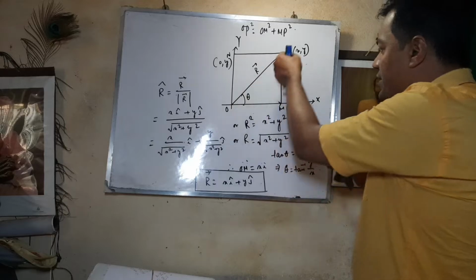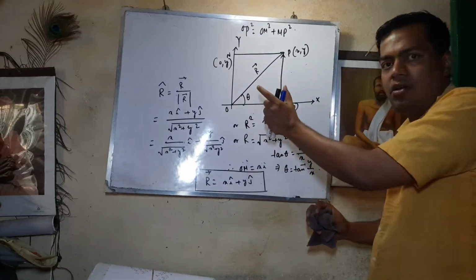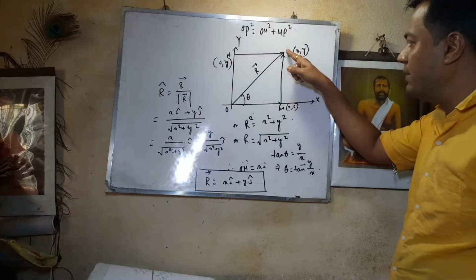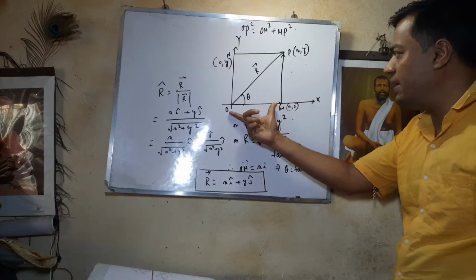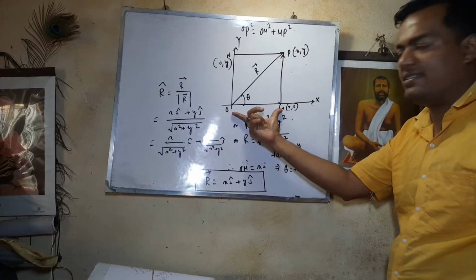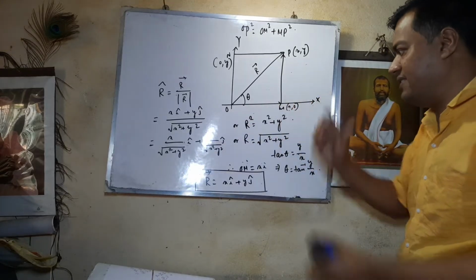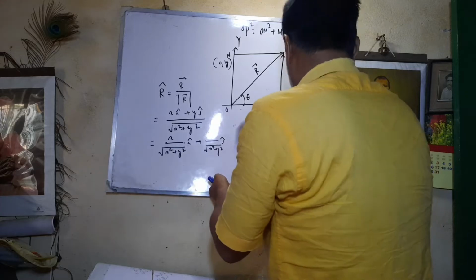So the x component of the vector, x component means because this component has been taken along x axis. Clearly here from the end point of the vector we have drawn a perpendicular onto the x axis. So the length of the intercept on the x axis is x. It is the component of the vector along x axis.